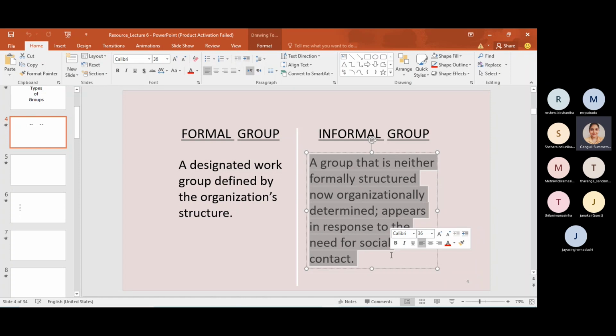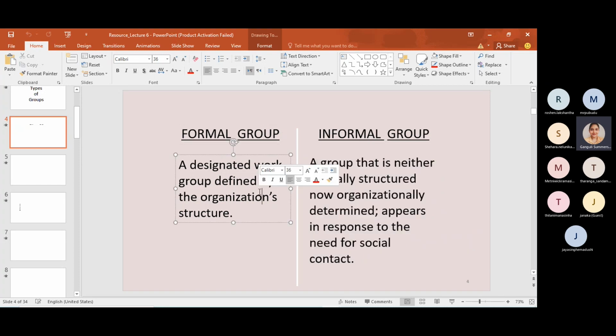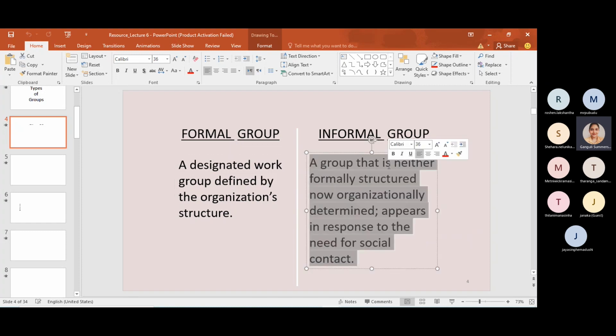Friends can be in formal groups as well, but in a formal group you are working towards an organizational goal or objective. In informal groups, there are no organizational objectives or goals. You have informal groups just for the need of social contact.